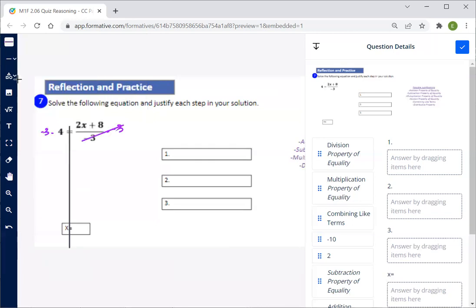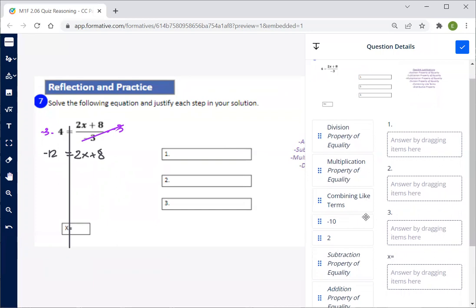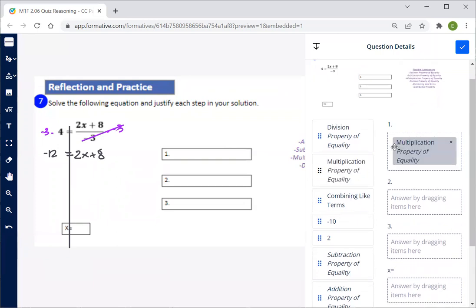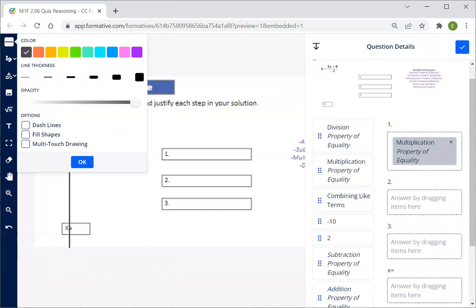Okay, so that leaves us with -3 times -4 is -12 equals, and then just the numerator is left. So 2x plus 8. And we multiplied by -3 on both sides, so it should be multiplication property of equality. Next step, undo our addition and subtraction.